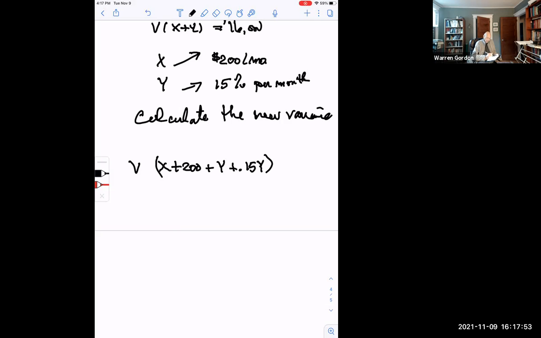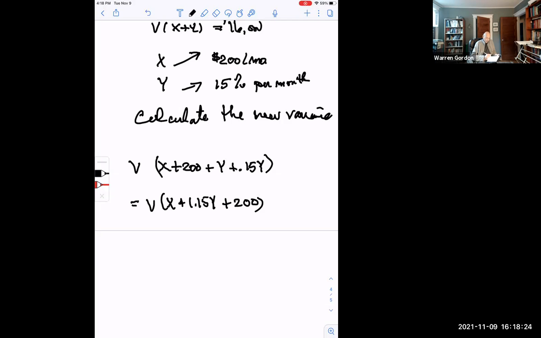So this is equal to X plus Y plus 1.15 Y plus 200.